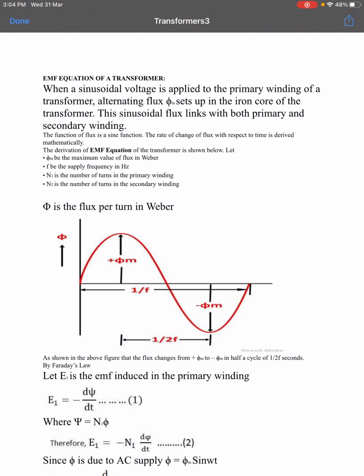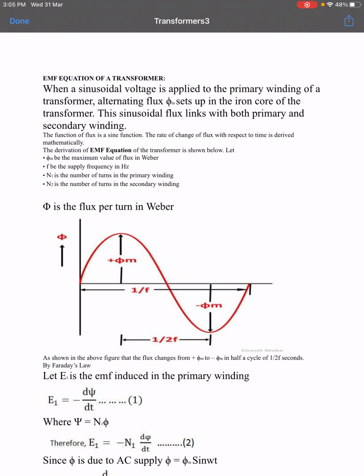For the first, positive half cycle, the time period is 0 to pi, and the maximum flux is phi m. For the second, negative half cycle, the time period is pi to 2 pi, and the maximum value of the flux is minus phi m.